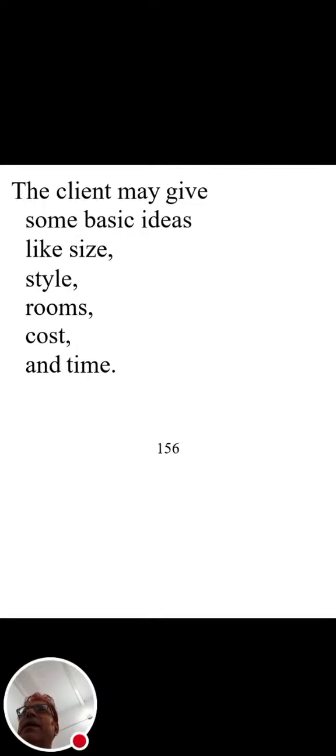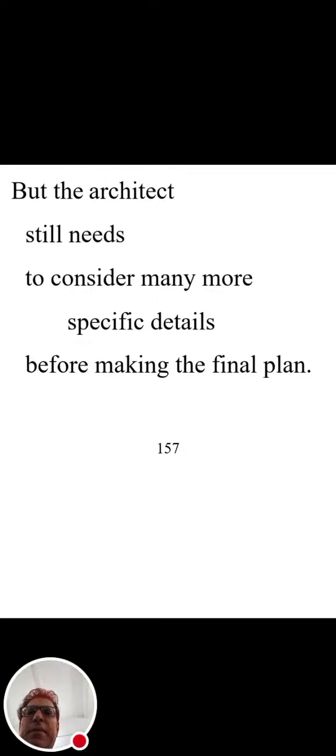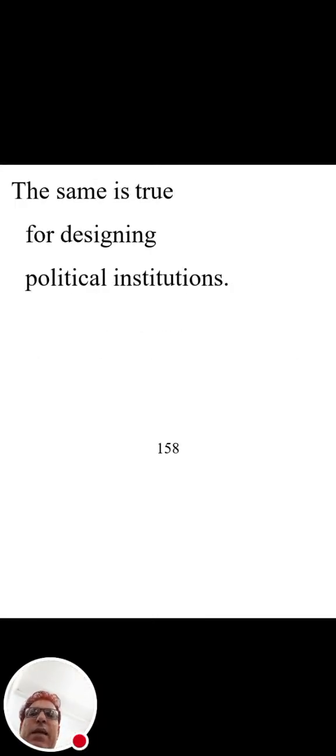The client, the customer, may tell these things to the architect. But the architect still needs to consider many more specific details before making the final plan. The same is true for designing political institutions, for making constitutions.